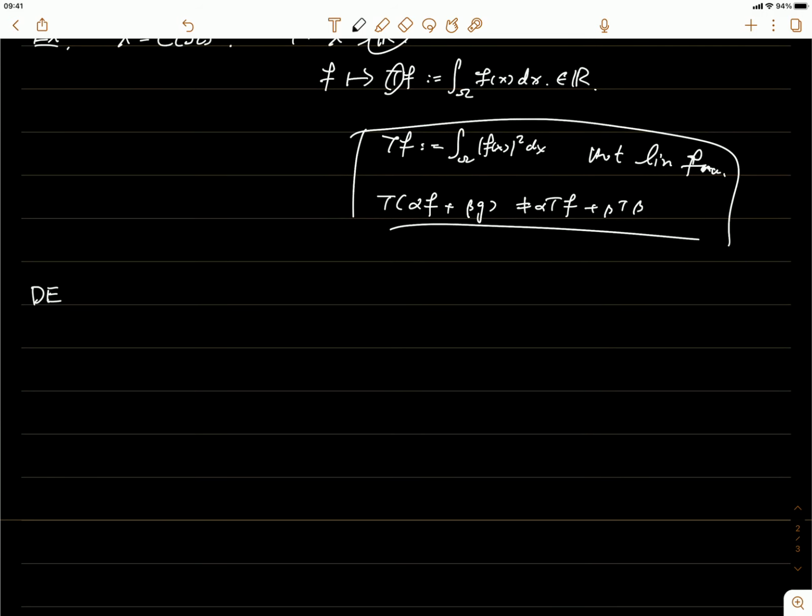We're going to start with continuity. So let's say we have X and Y, which are both Banach spaces, or normed linear spaces, and we have D, which is a linear subspace.